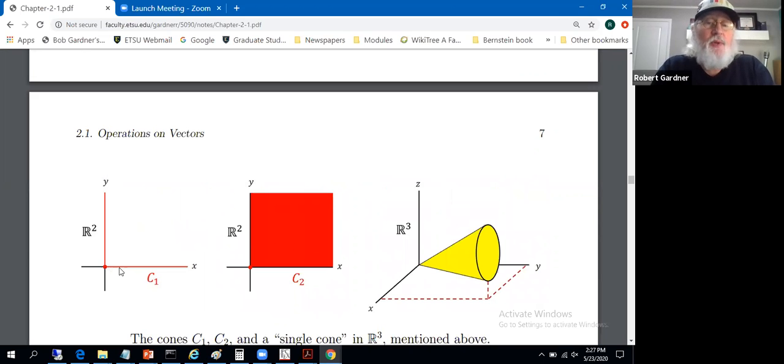So actually what we're plotting is the points that lie on the head of a vector in this cone C sub 1 when that vector has been placed in standard position. Can't make a big enough deal out of this standard position thing. None of these pictures related to vectors make any sense unless you put the vectors in standard position.